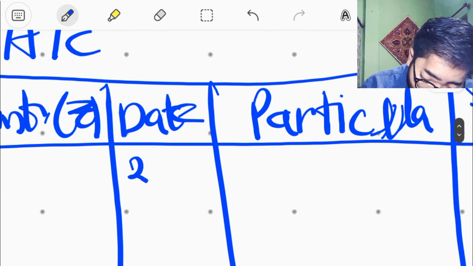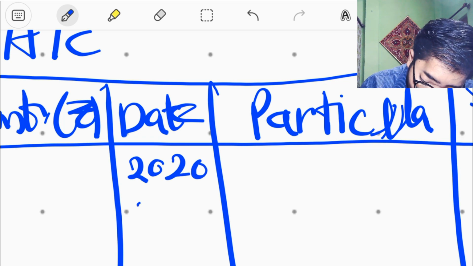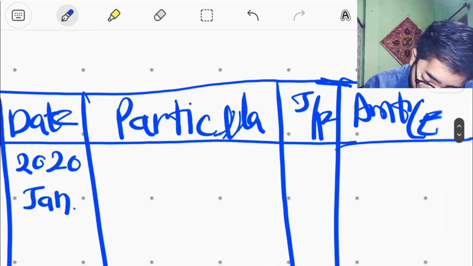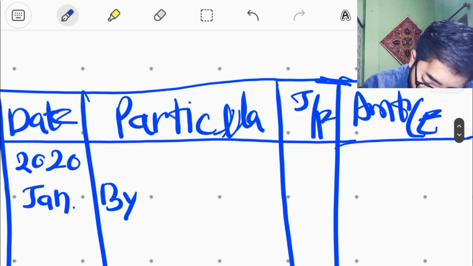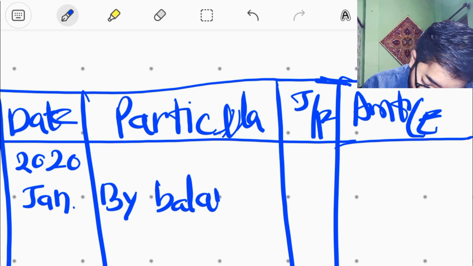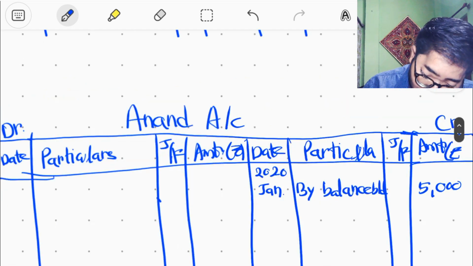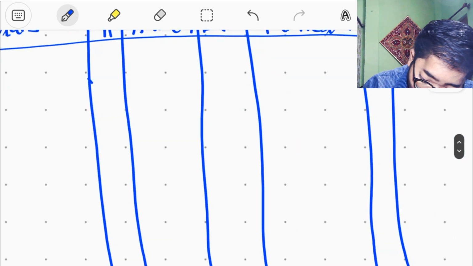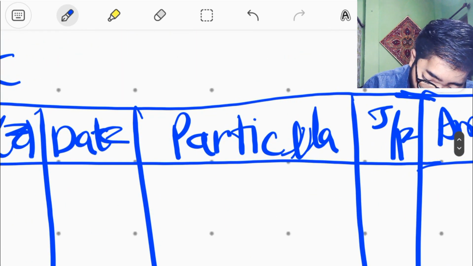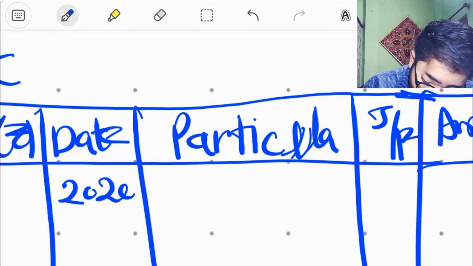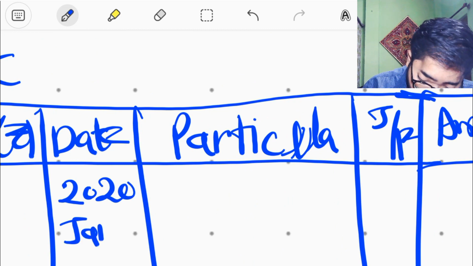This side, in the right hand side, opening date by balance BD 5,000. Capital is also a credit balance. It is an obligation for the business.